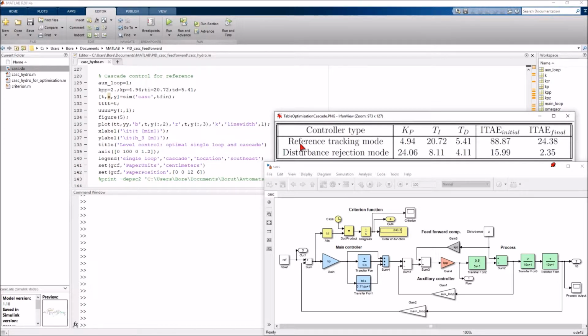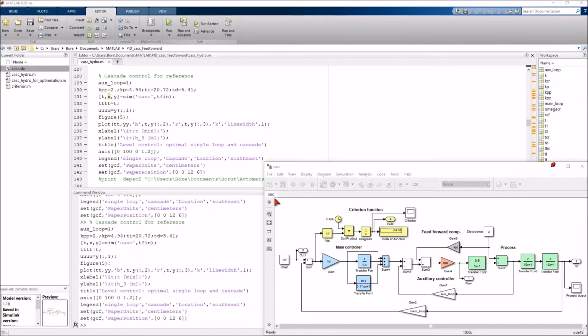This is set for the reference tracking mode, so the P controller, this is the integral constant and the derivative constant, and we can see that with this optimization the criterion function changed during the optimization from 89 to 24.